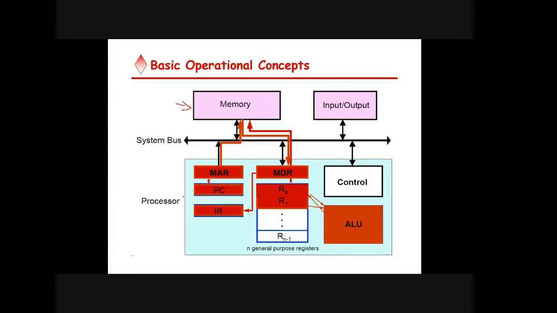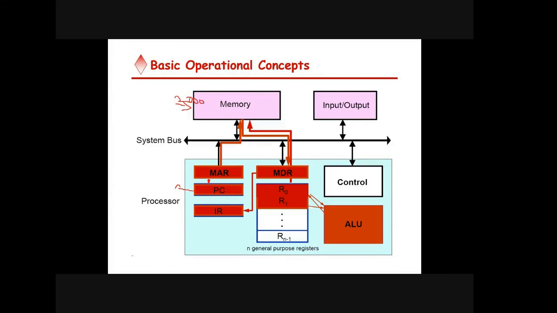The CPU, the processor, will load the address into the program counter. Where the instruction is residing, that address will be stored in the program counter, assuming it is 2000. So the program counter has the value 2000, and that will be loaded into MAR, the memory address register. That address will be communicated to the memory unit.